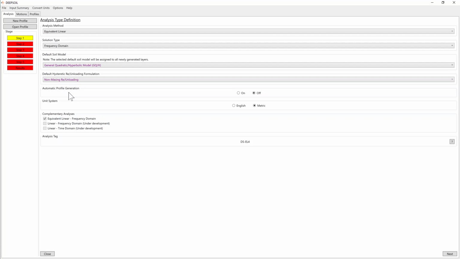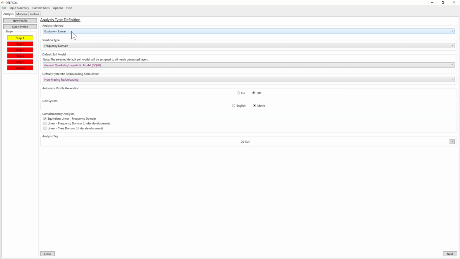So by clicking on here, you would allow this. It's a bit more complicated, and it's certainly an advanced concept, and one that would take probably more than a short video to talk about. So we'll leave that behind for now. Unit system, you have, of course, the English system or the metric system. So that's for the equivalent linear analysis.